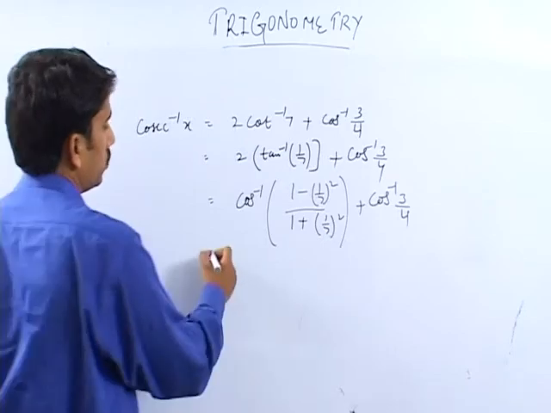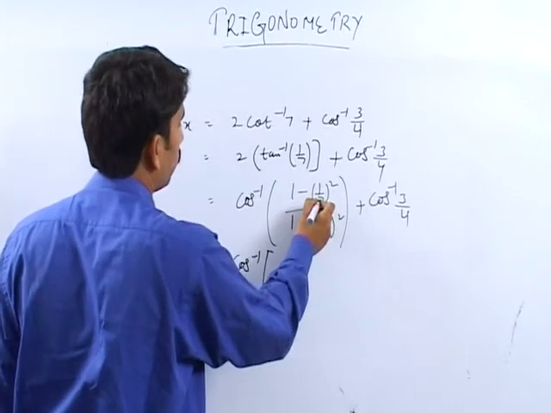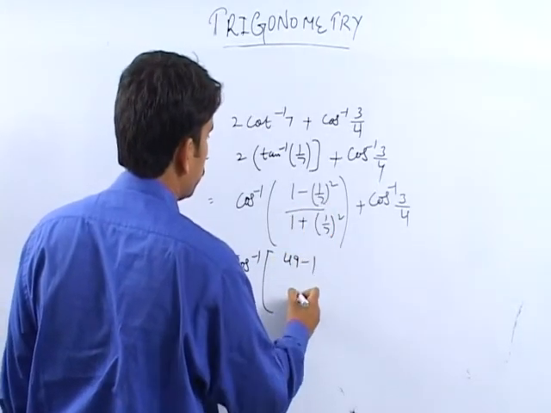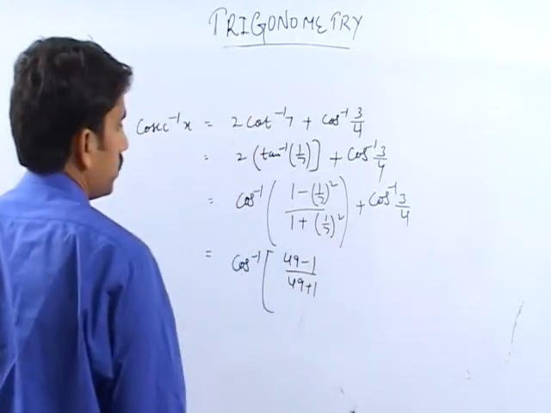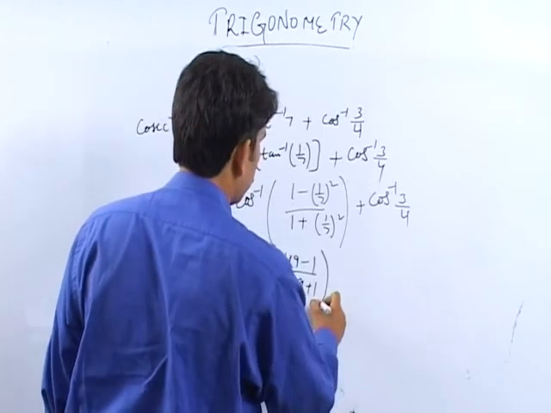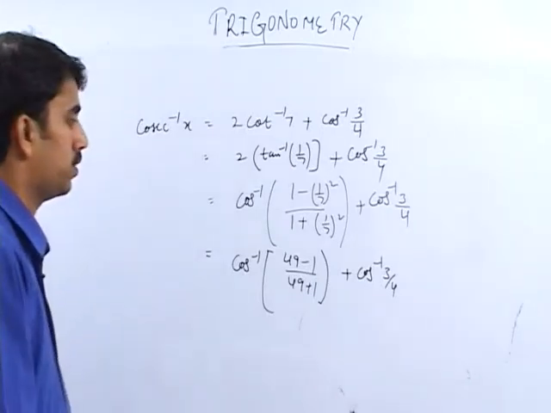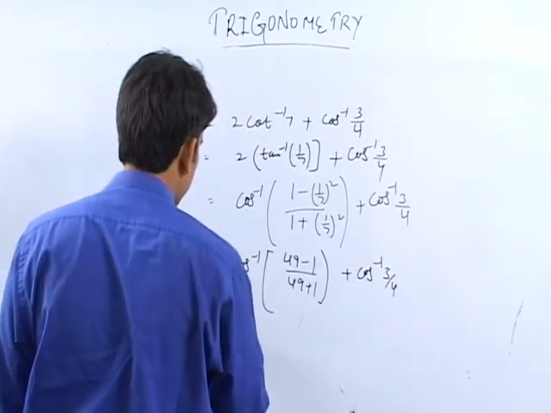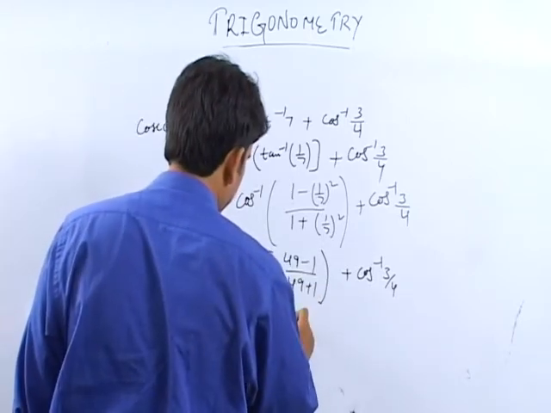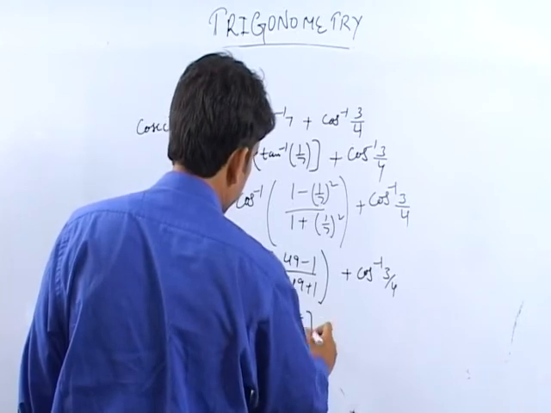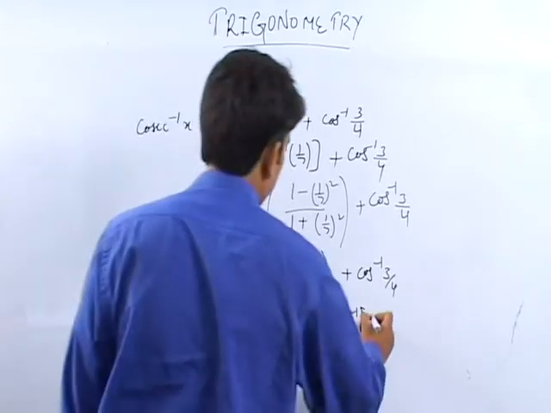Now this is equal to cos inverse, this is 49 minus 1 over 49 plus 1 plus cos inverse 3 by 4, and then this will be equal to cos inverse, this is 48 over 50 plus cos inverse, this is 3 by 4.